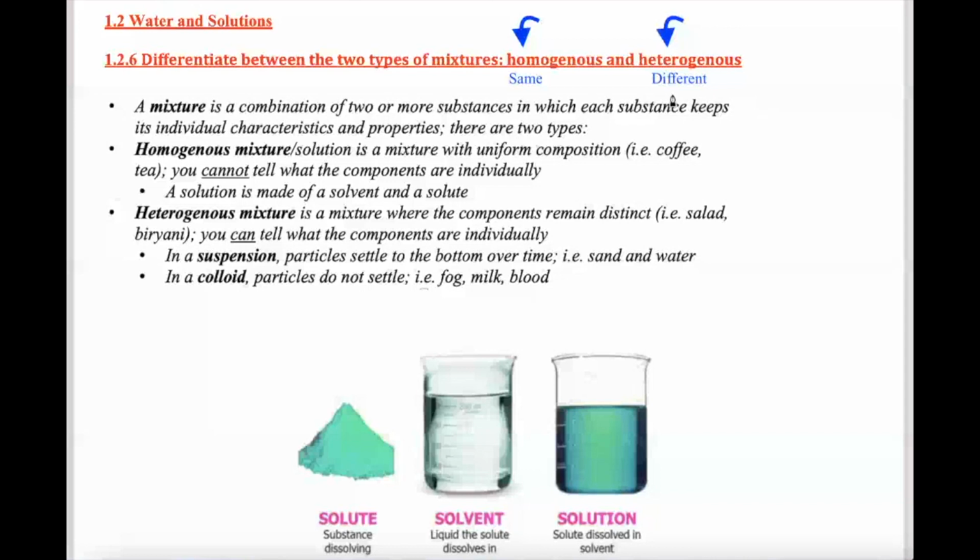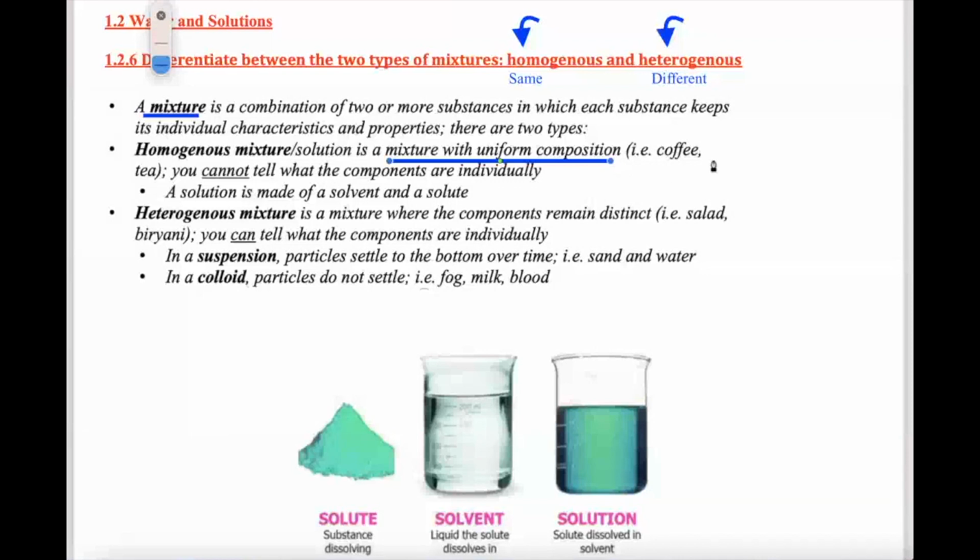First of all, a mixture is a combination of two or more substances. They can mix and make a uniform composition, which makes them homogeneous. You cannot tell what the individual molecules added into it are.